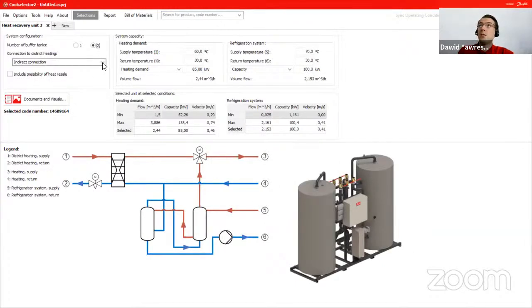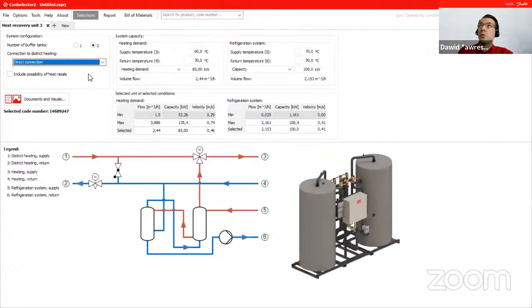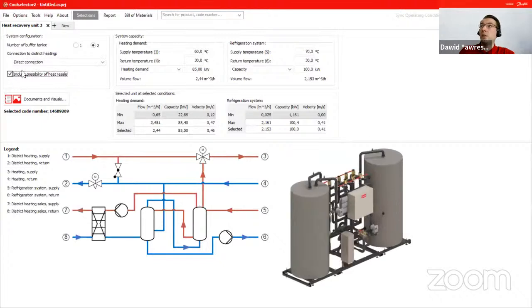Then the second option is to choose if we would like to have a direct connection or indirect connection for your external heat source. And with the 2 tank solution, we also need to mark if we would like to have the possibility to resell the heat.